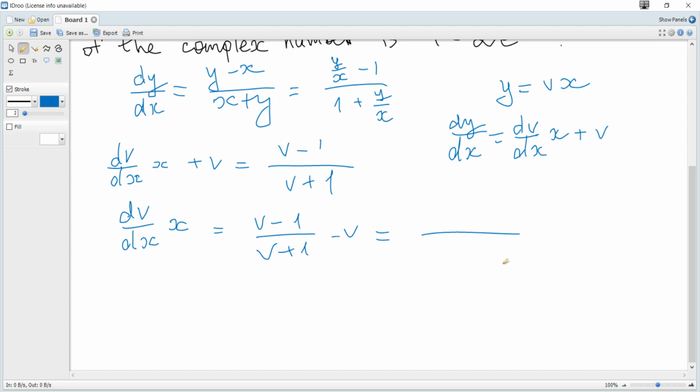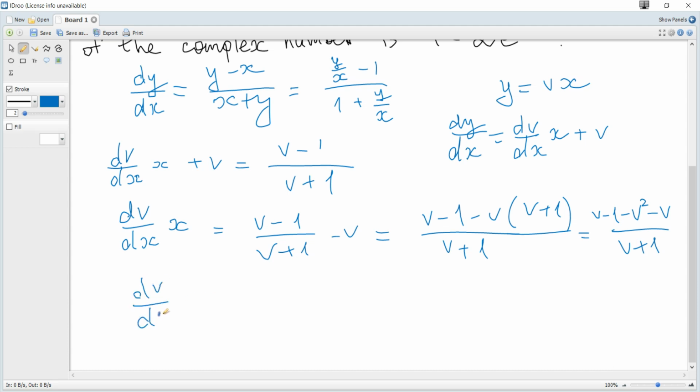Let's make a common denominator, so it becomes v minus 1 minus v times v plus 1, all over v plus 1, so it becomes v minus 1 minus v squared minus v over v plus 1. So dv over dx times x is equal to, we can factor out minus, and it becomes minus v squared plus 1 over v plus 1.